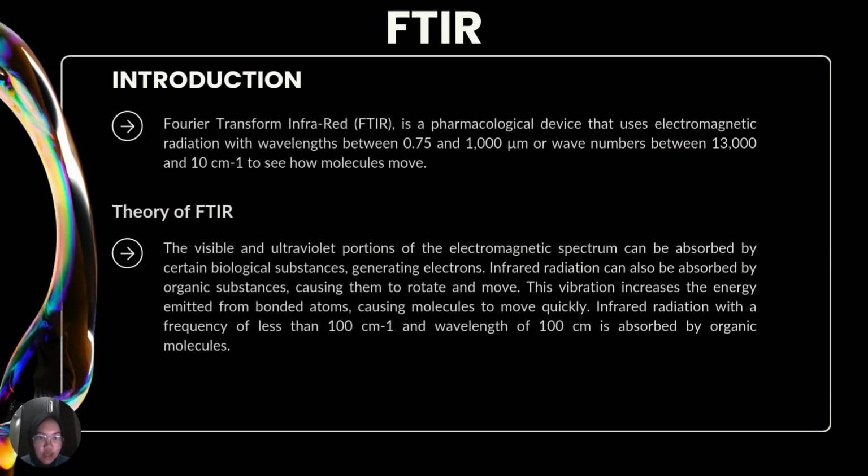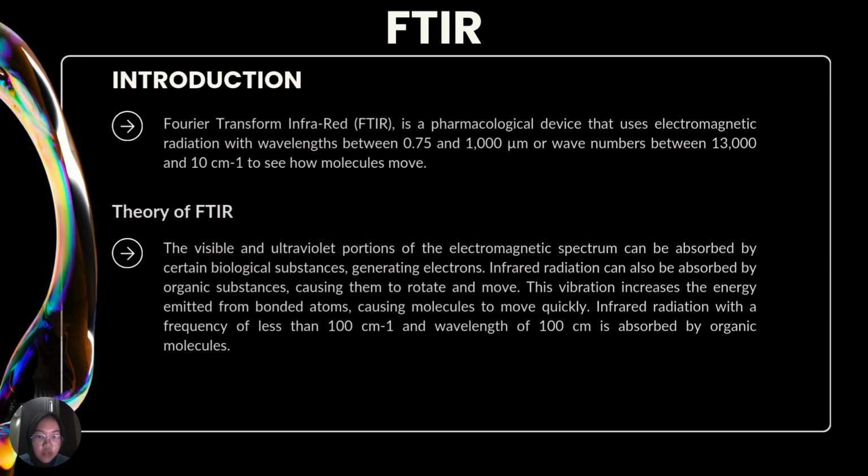Next is FTIR. Fourier transform infrared is a device that uses electromagnetic radiation to see how molecules move. Theory of FTIR. The visible and ultraviolet portions of the electromagnetic spectrum can be absorbed by certain organic substances, exciting electrons.